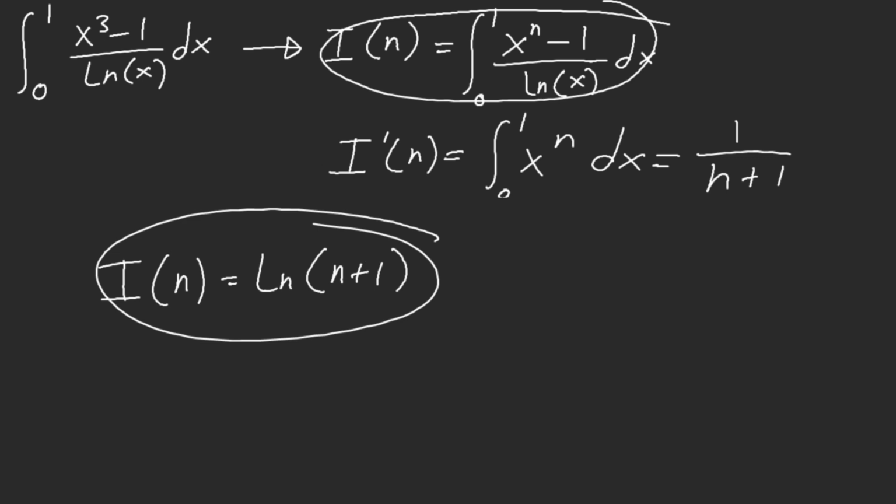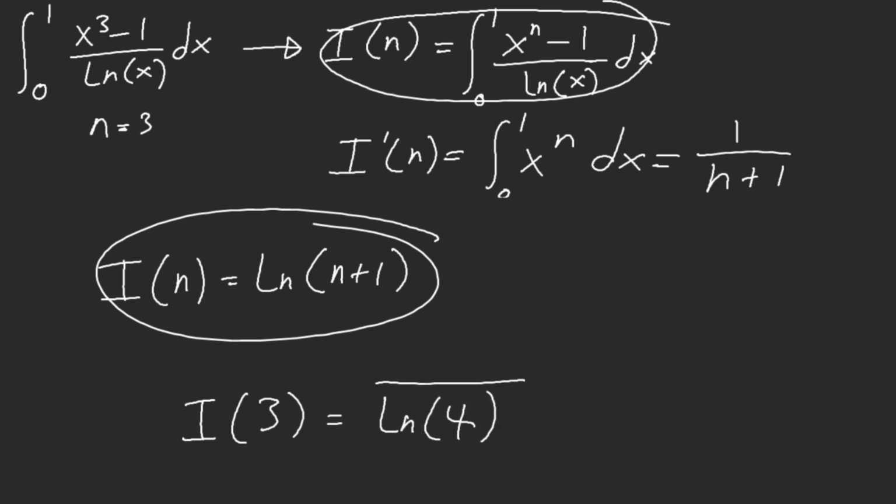So now it's easier, we can just plug it in. Our original integral is n equals 3. So I of 3 is equal to ln of 4, which is your answer. Okay, this is your I of 3.